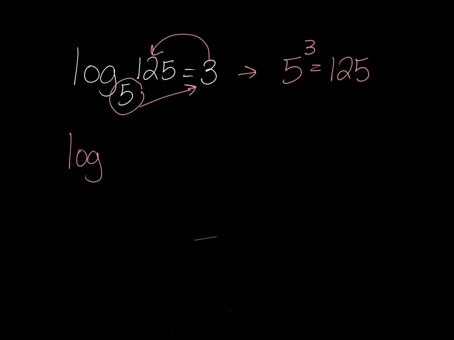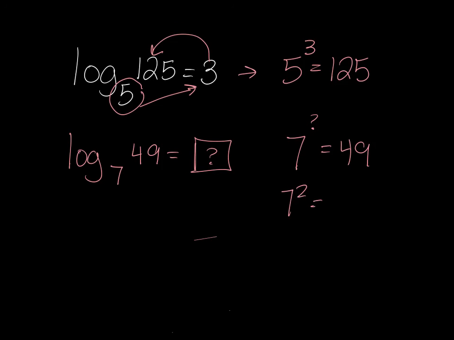Log base 7 of 49. What does it equal? Well, 7 to the what power is equal to 49? Well, 7 squared is equal to 49. So my answer for log base 7 of 49 is equal to 2.